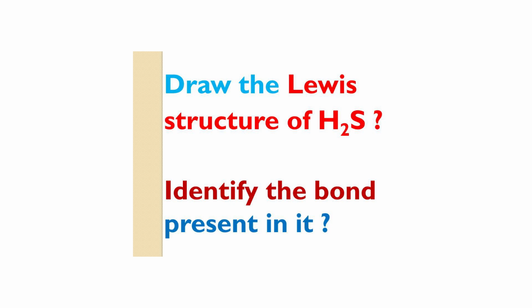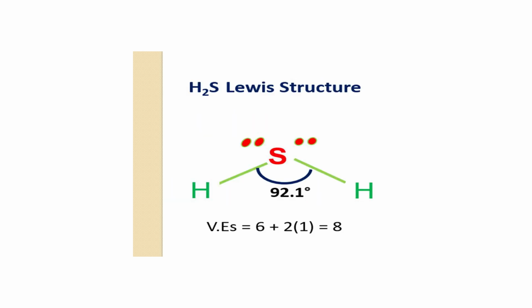Then, students, draw the Lewis structure of hydrogen sulfide and identify the bond present in it. See the slide. The sulfur, atomic number 16. What about the electronic configuration? 2, 8, 6. Sulfur has 6 valence electrons. It can share 2 electrons with each hydrogen atom.